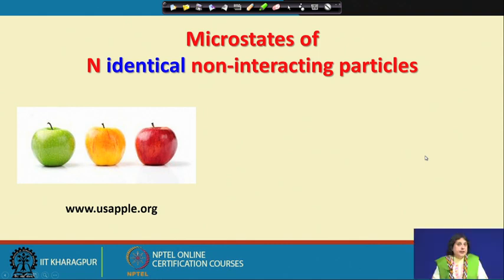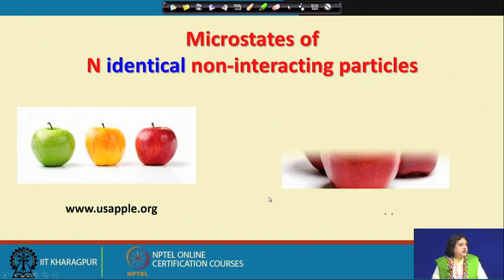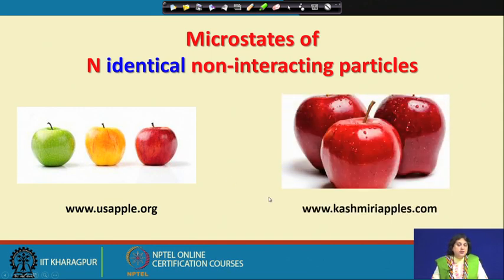Unlike the previous discussion where each particle comprising the system was different and distinguishable from each other, now all the particles that we are going to deal with at the microscopic level are going to be exactly the same, and you cannot tell the difference of one particle from another one.